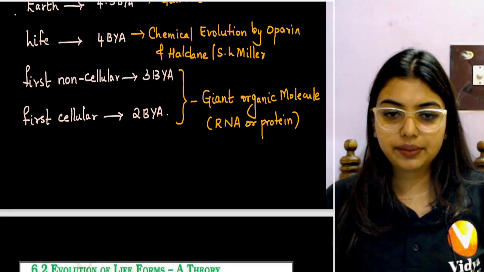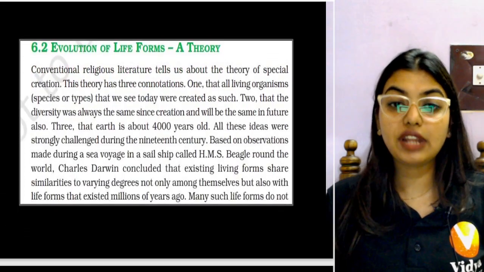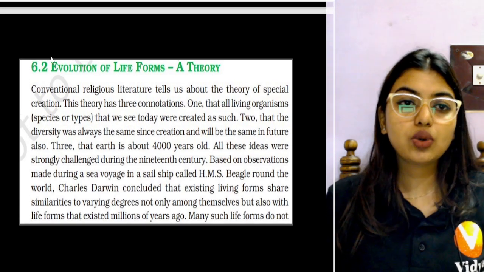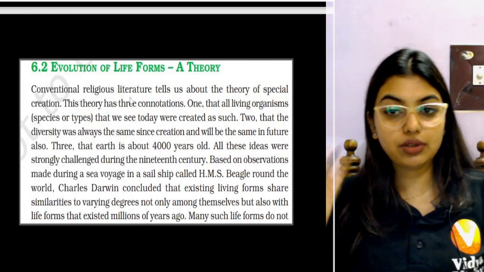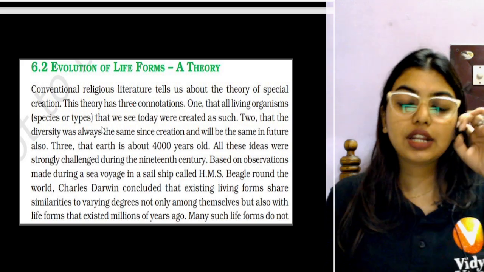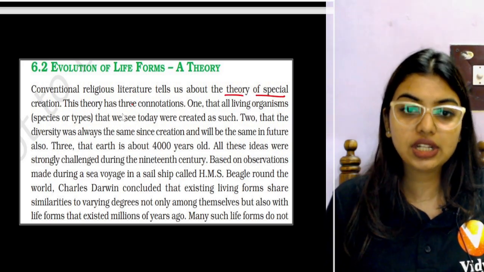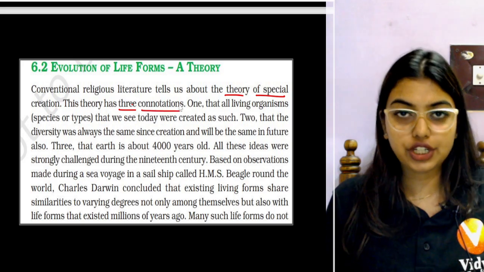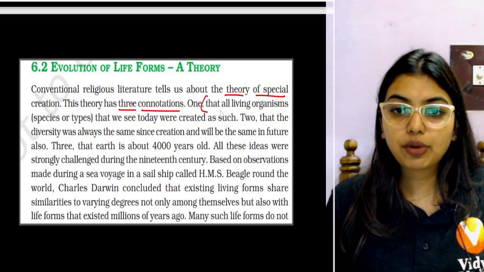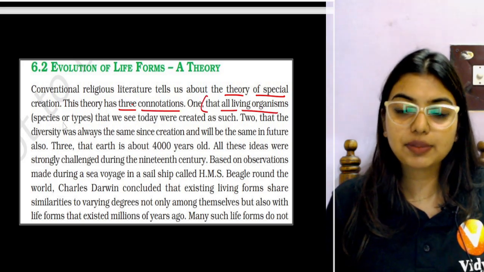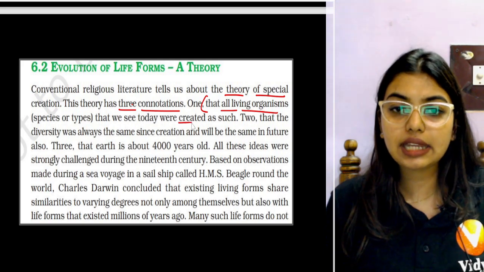Next one, evolution of life forms. Conventional religious literature tells us about the theory of special creation. This theory has three connotations. One, very important: all living organisms, species or types that we see today were created as such.